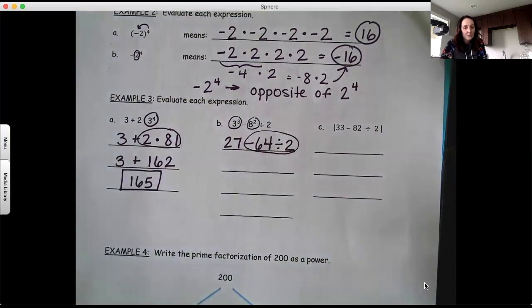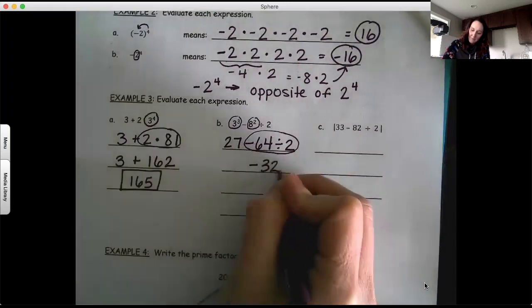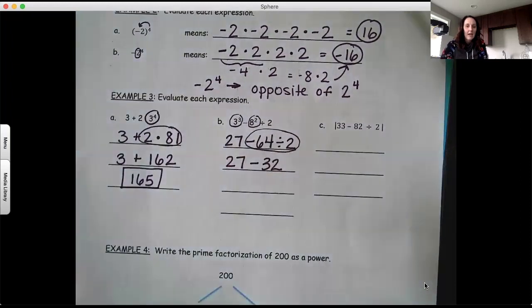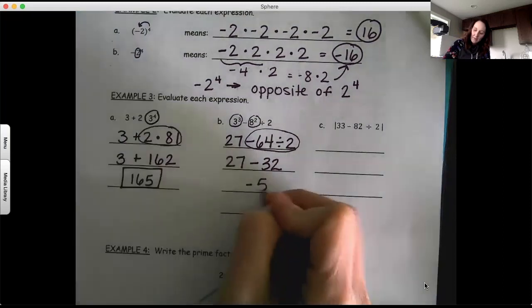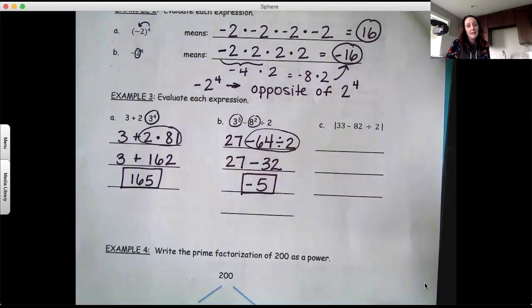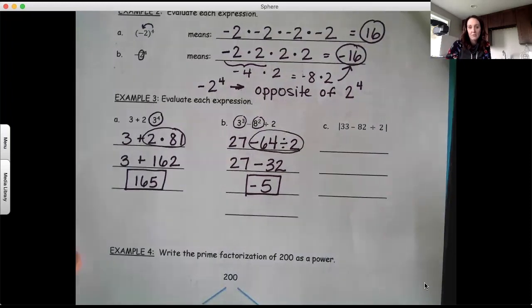And what do you get when you do negative 64 divided by 2? Negative 32. So I write it right below it and move down my 27. And 27 minus 32 is negative 5. So your answer to part B would be negative 5. Notice you're doing each part and going vertically in order to help solve it.